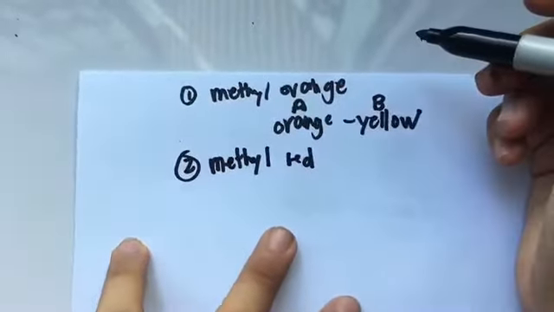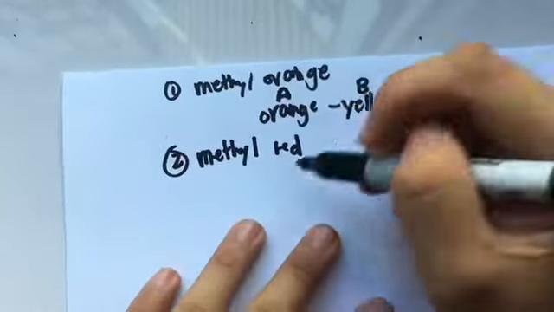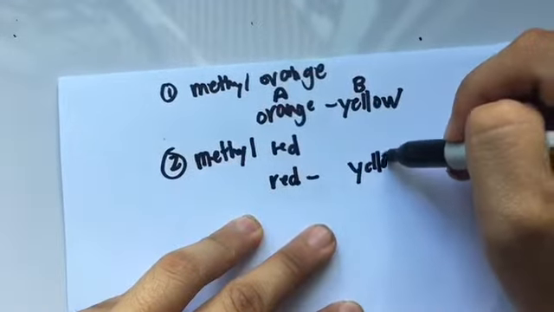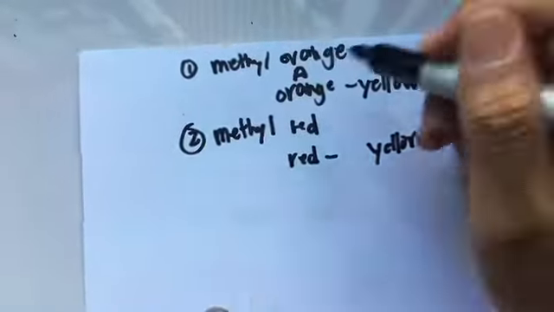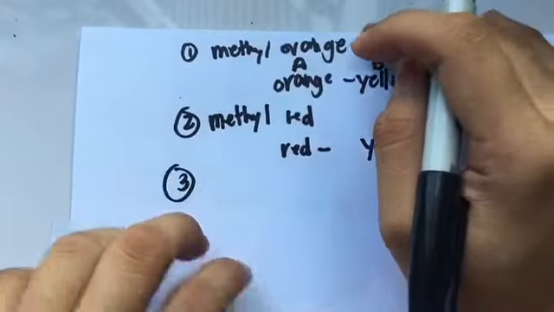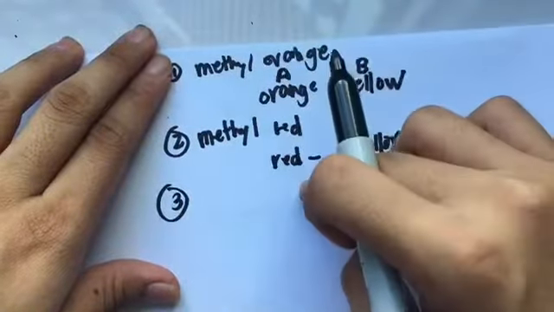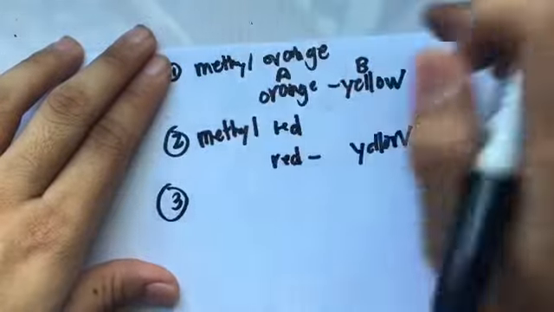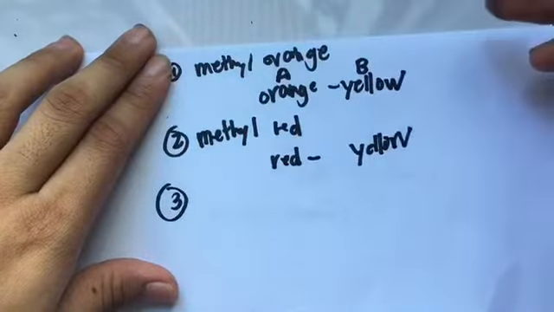Sa methyl red naman, ang kanyang color range ay nag-range from red to yellow, acid to base. So ibig sabihin, a solution tested by methyl red that turned red is an acidic solution. A solution that turned yellow is a basic solution.